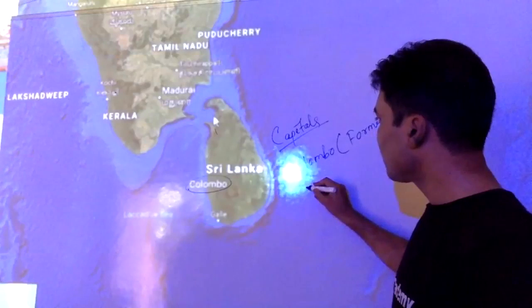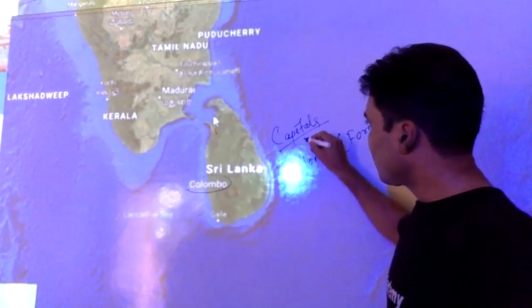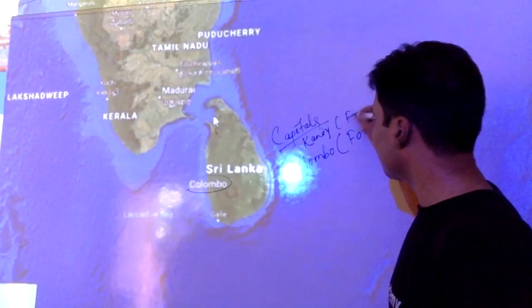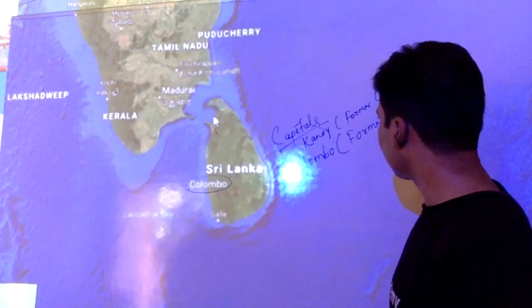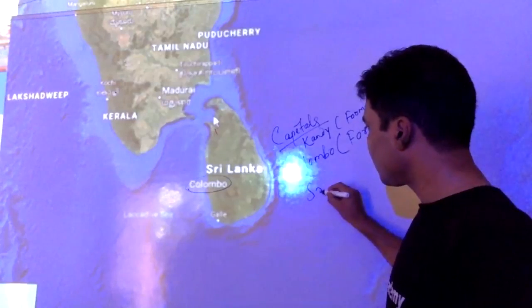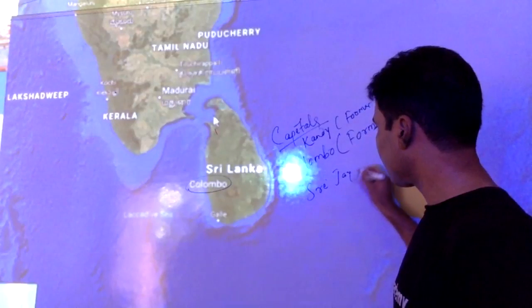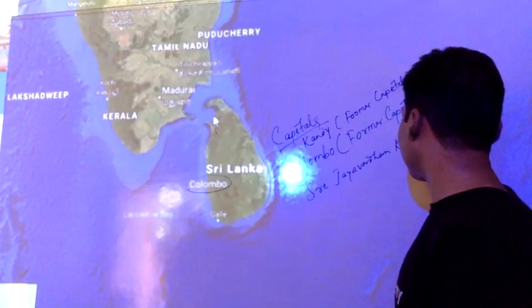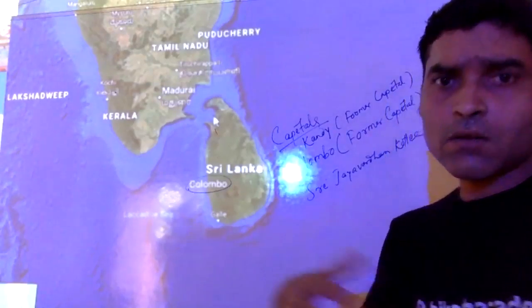I'll show you. And before Colombo, it was Kandy. Kandy was also a former capital. And presently, Sri Jayawardenepura Kotte. I'll show you, don't worry. Sri Jayawardenepura Kotte is the current capital. You can see here.